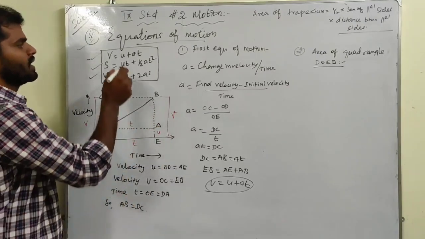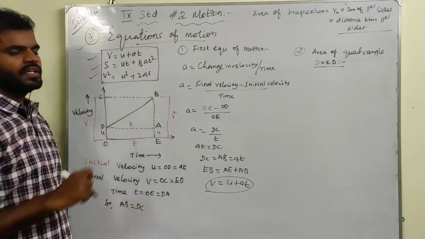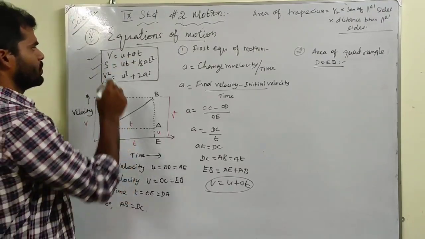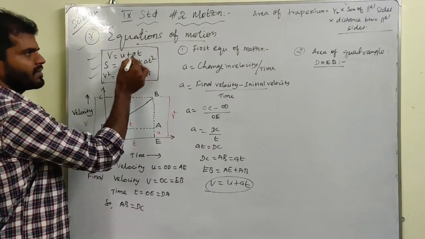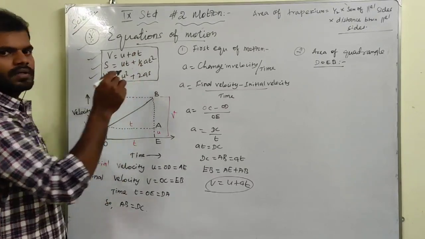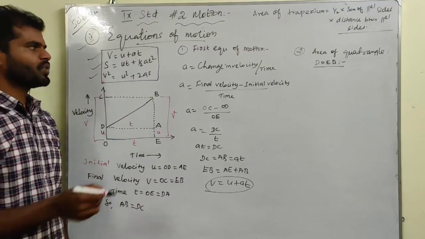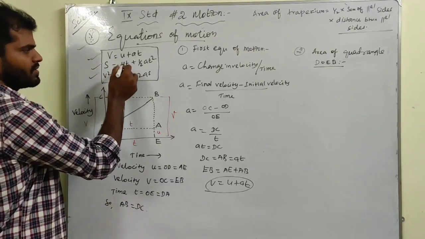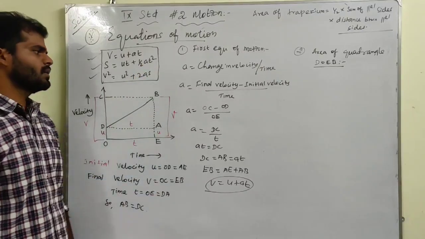V is equal to U plus AT we have seen in the acceleration formula. V is the final velocity, U is the initial velocity, A is the acceleration, T is time. S is the displacement or distance covered.